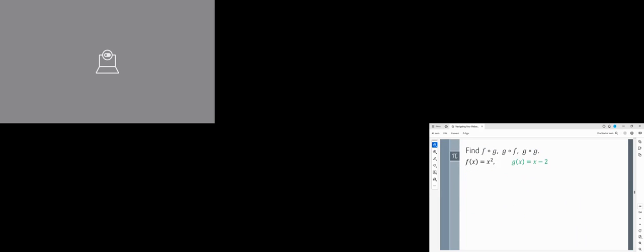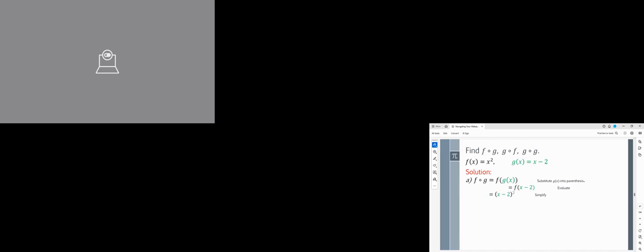Let's try another one. So f composed of g is the same as f of g of x. We're going to replace g of x with x minus 2. Now anywhere we see an x in the function f, we're going to replace it with x minus 2. So x minus 2 is put into this x, and we end up with x minus 2 squared.